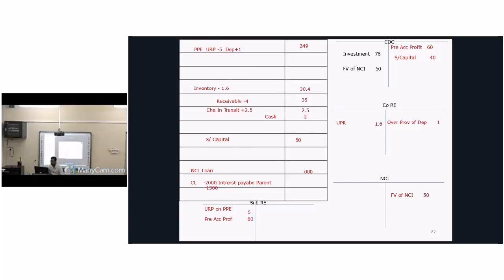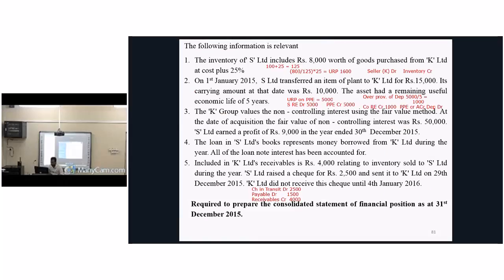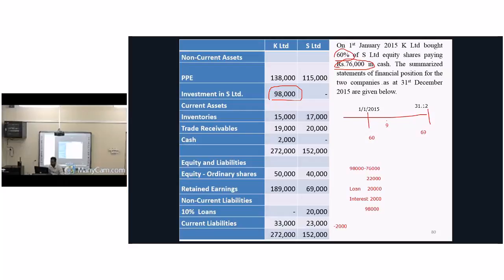Next line, retained earnings 189 and 69.